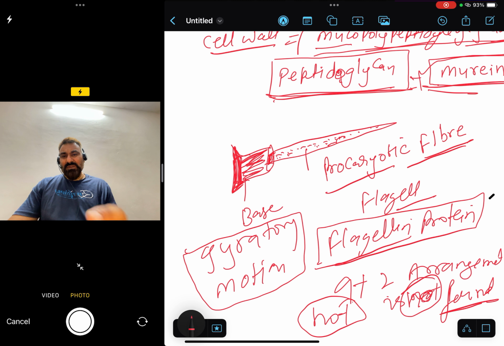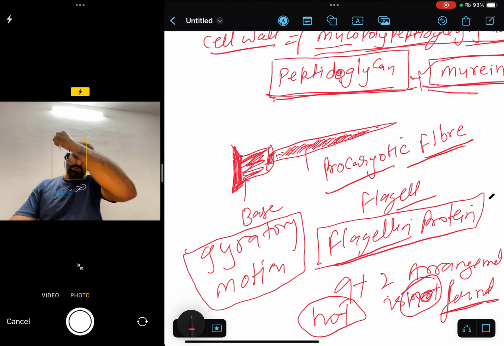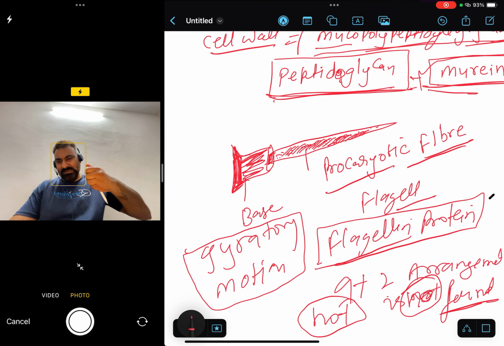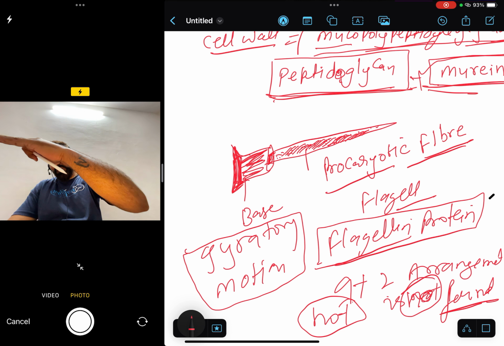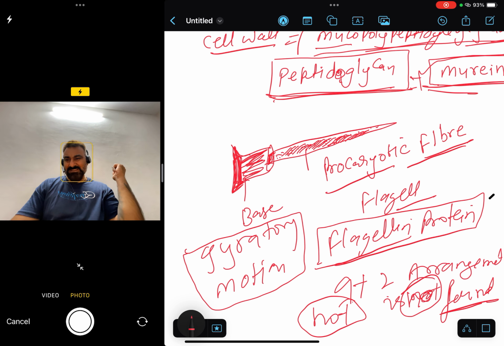Just like a boat. If you travel inside a boat, you have seen the chappu, an instrument used to move the boat in water canals. So this flagella behaves like a chappu. As we push the water with the chappu, the boat moves forward.